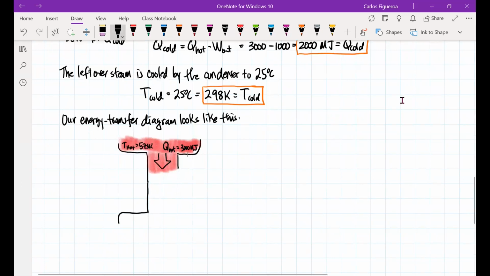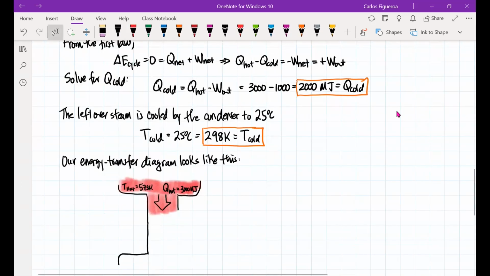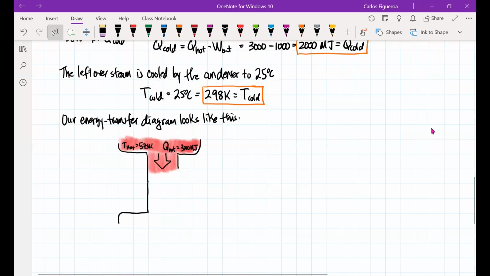Now, if you look at what's being ejected into the cold reservoir, you're seeing that it's 2,000, so 2/3 of this. So we're going to say that maybe about this amount, which I'm going to speculate is 2/3. This guy is my cold reservoir where my condenser is at.